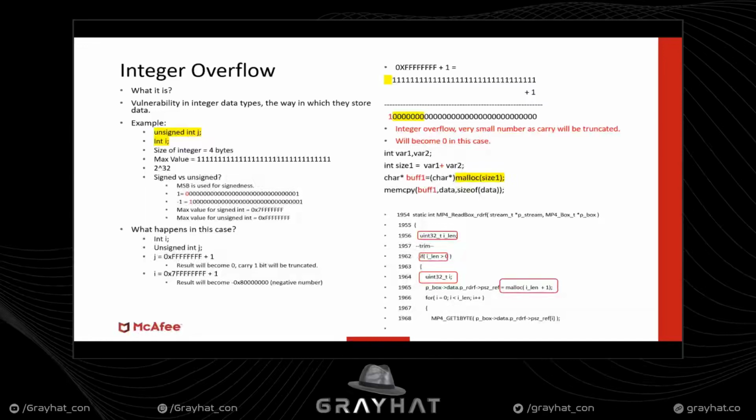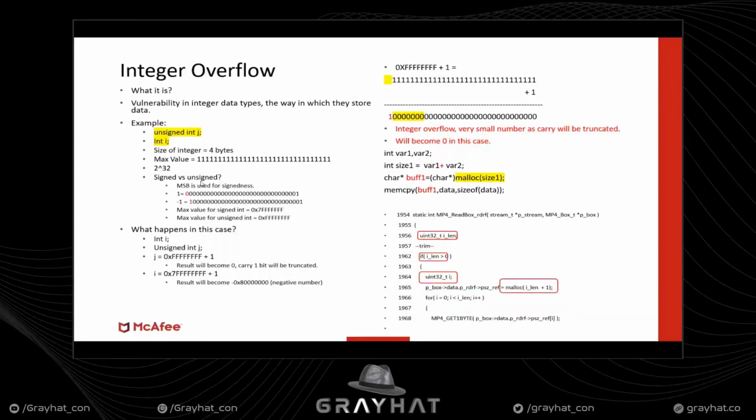So when you declare an integer as unsigned, it means that it will store only positive values. But when you declare an integer with the keyword int, it means that it can store both positive and negative values. Now, how does a program determine whether a signed integer is positive or negative?